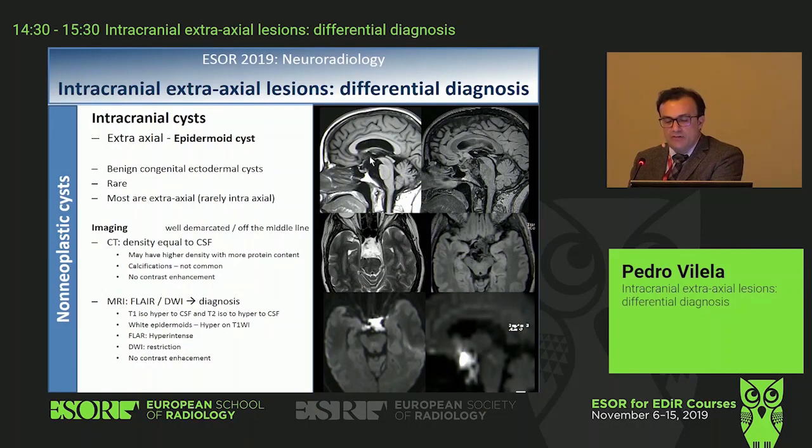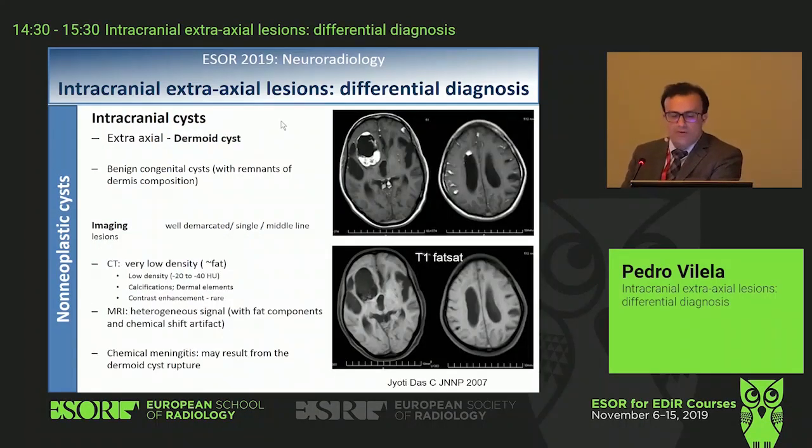epidermoid cyst. And you see here, because on T1 and on T2 would be very difficult, and on CT you also are not going to be able to make the differential diagnosis. Well, what about dermoid? Dermoid is whenever there is fat in that cyst. And you are going to confirm that doing a fat sat sequence that will actually reduce the signal intensity on the T1 images.